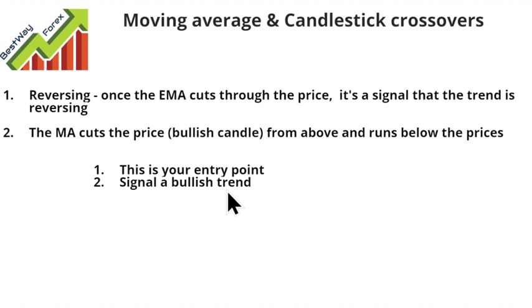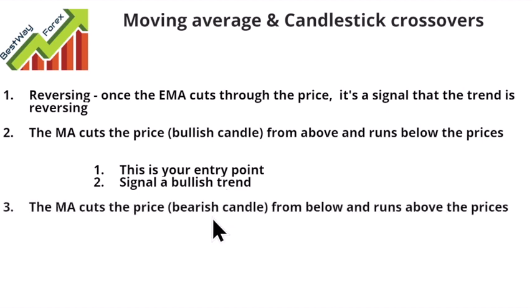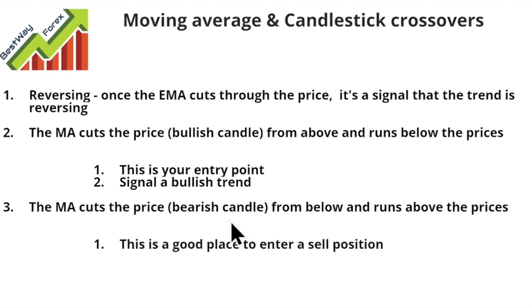That means the trend reversed, and now it will go up. And when the MA cuts the price on a bearish candle, a red candle body from below and then runs above the price, that is a good place for entering a sell position and signals a bearish trend. Okay, let's do this on the chart.